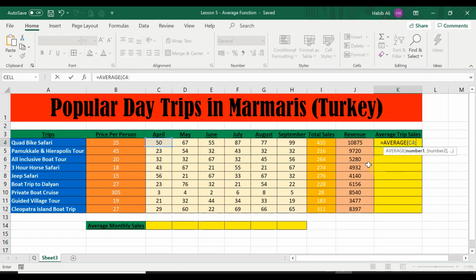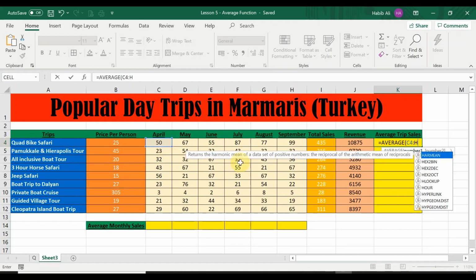Once we have done that, all I have to do now is tell Excel, in this range of numbers, what is the address of the last cell that I would like to include in this range? The last address, which is September, this value 99, the address of this cell, as you can see, is H4.